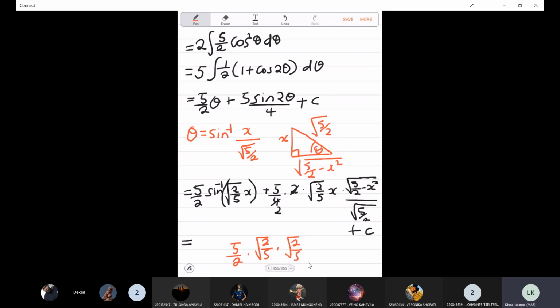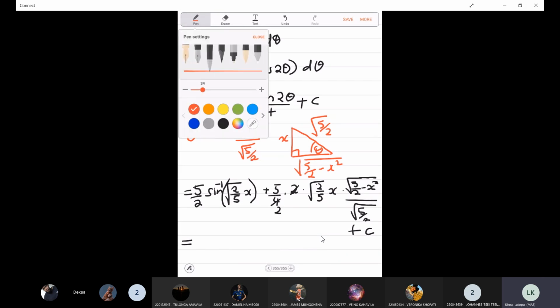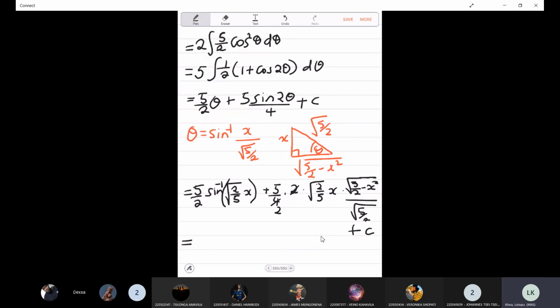And these two are the same, so the square root can go. So what I have is 5 over 2 times 2 over 5, which is equal to 1. Okay, so just be careful with the algebra, or do it on your calculator, it's easier.